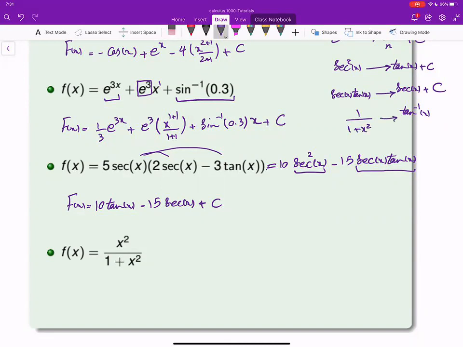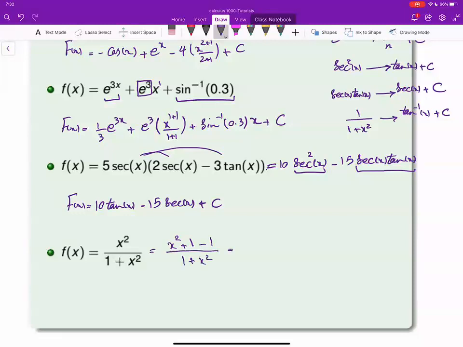What that means is that the antiderivative of 1 over 1 plus x squared is tan inverse x plus c. Here, I don't have 1 over 1 plus x squared, but what I can do is add 1 to the numerator and subtract 1 from the numerator.